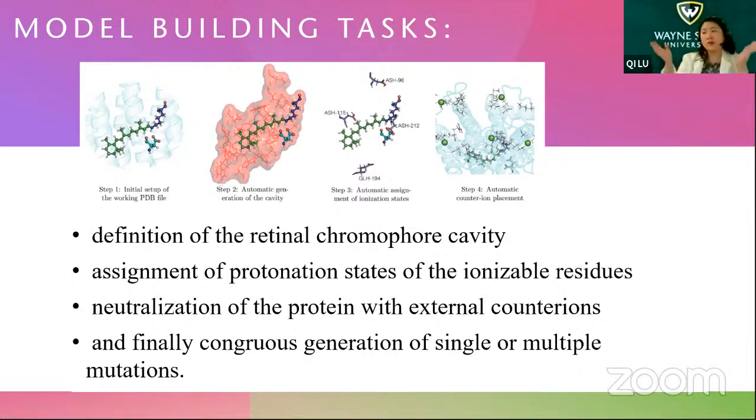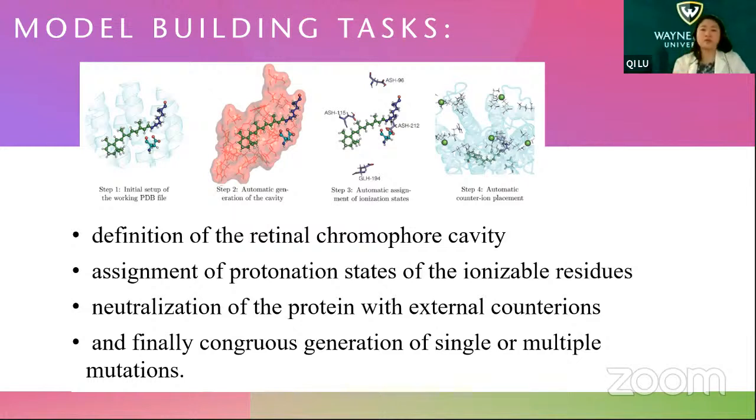When we talk about a channel, the channels are just open. But for a pump, the counter ions are very important, because we remember that at every protonation site, the proton will jump from one side to another side to another side. Every one of these counter ion sites will be very critical for the function of the photocurrent.